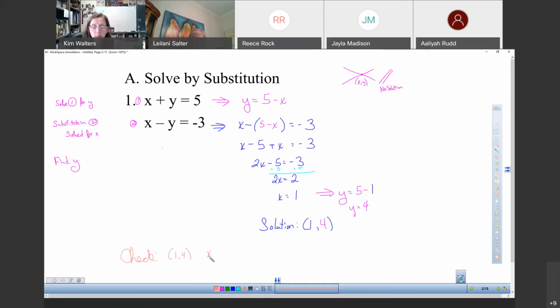The second equation says x minus y is equal to -3. So in place of x and y, I'm going to put 1 minus 4, and 1 minus 4 is -3, and that's what it's supposed to be equal to. Okay? 1 plus 4 is 5, so I can check it in both equations. So always check your ordered pair to make sure it works in both equations.